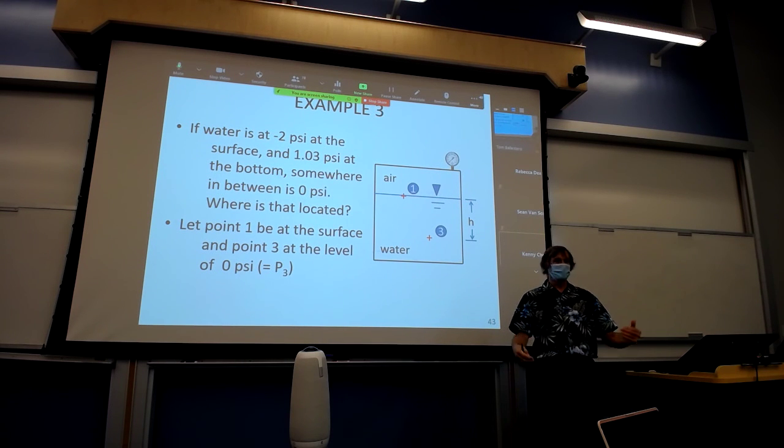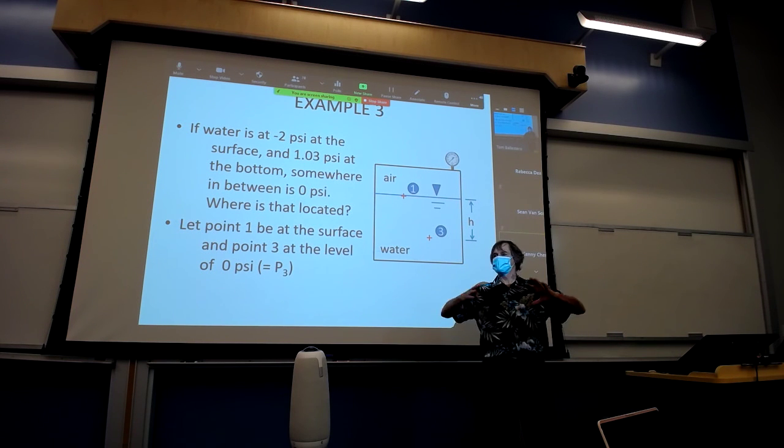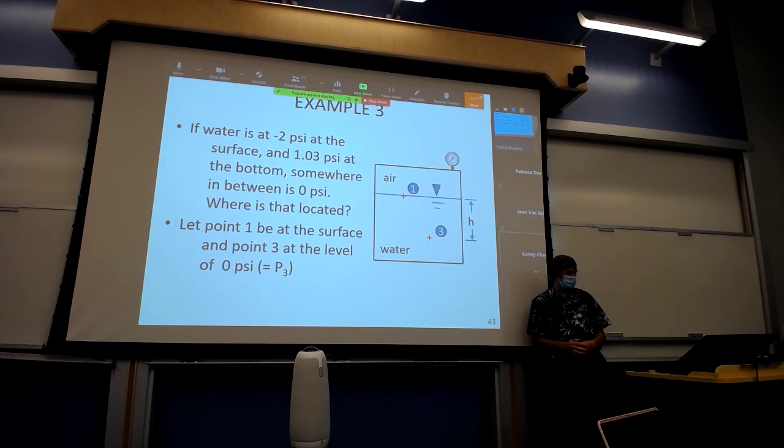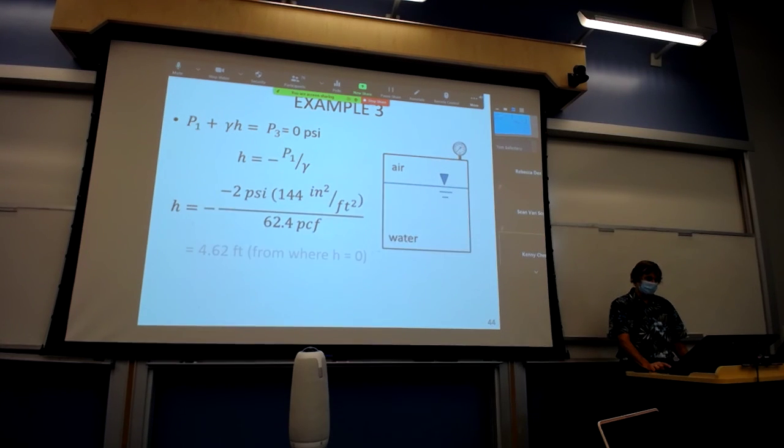In this problem, we know the pressure, we want to know the elevation, the distance. It's the exact same solution setup. The only thing that changed was the variable we're after. So we would start at the same place. We know the pressure at point 3. And we would just rearrange this equation to calculate the depth to which we would find that.